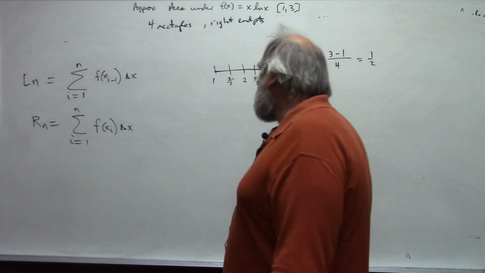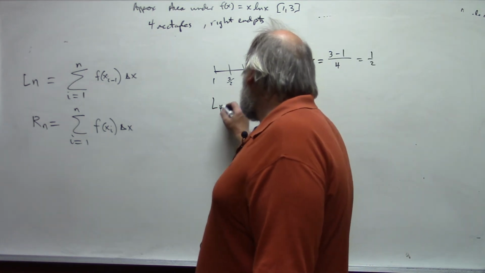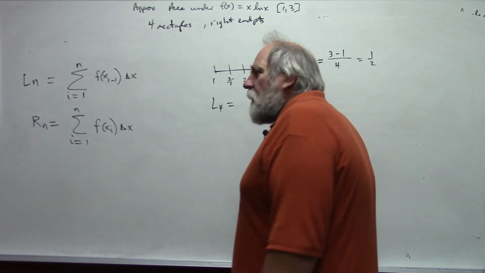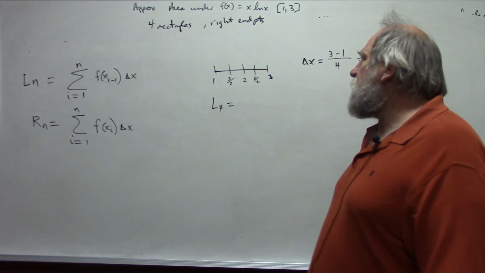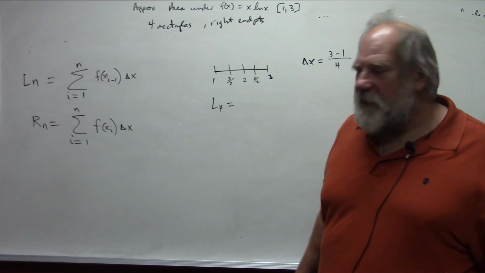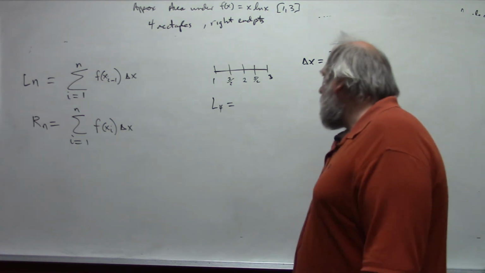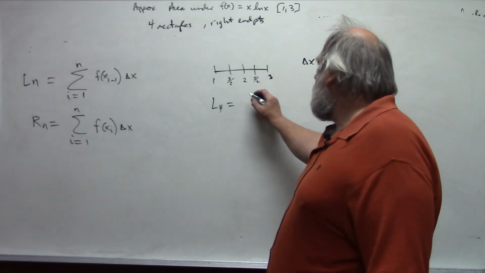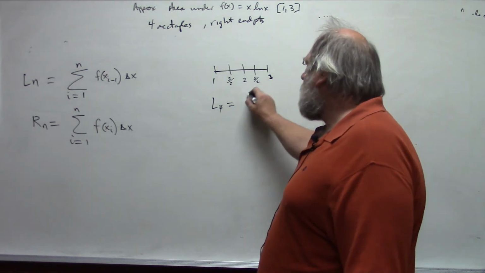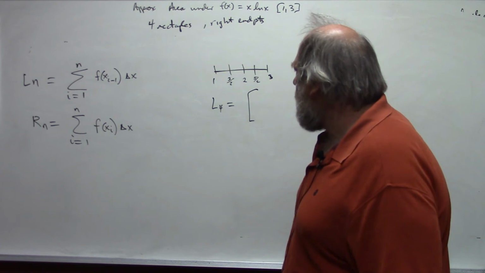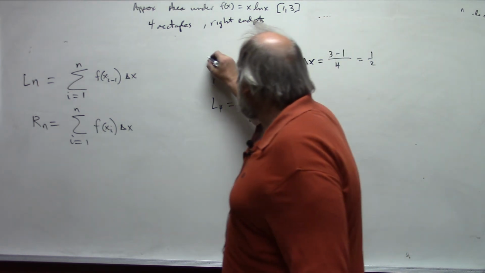And then my approximation, L4, remember, L4 is an approximation for the actual area under the curve. It's not going to be the area, but it's an approximation. L4 would then be, following what I have over there, the functional value at, first off, let me label these.